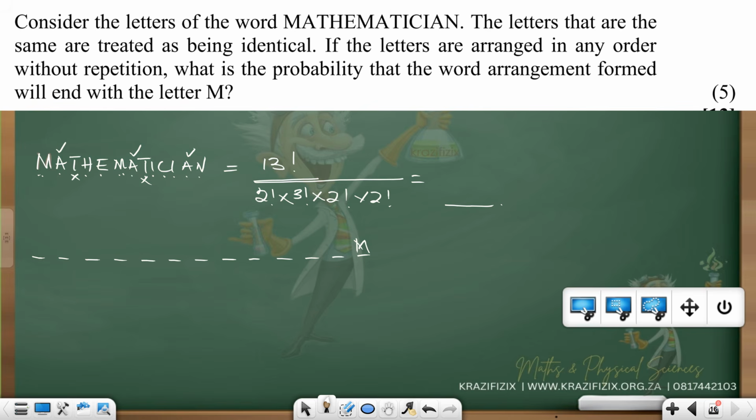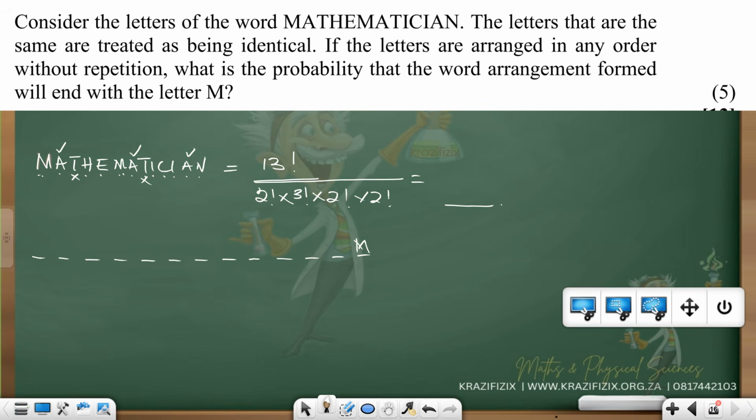End with M. 1. Letters are identical. Yes, it's not M1 and M2. It's M. So there's one M. The other M is going to be playing around.